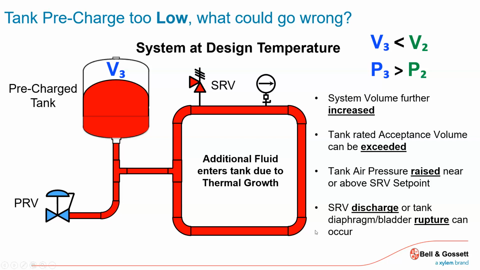The pressure takes off like a rocket and my safety relief valve discharges, or the tank diaphragm bladder ruptures. And I don't want to do that. They work hand in hand: the fill valve setting and the precharge of the tank. They're very important.